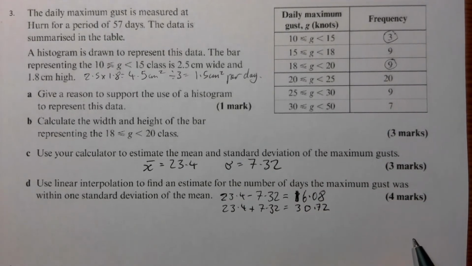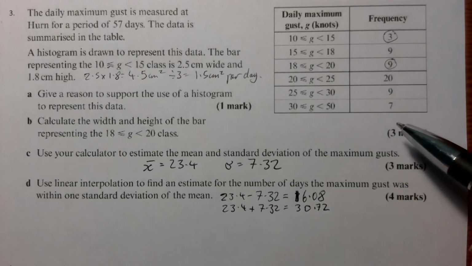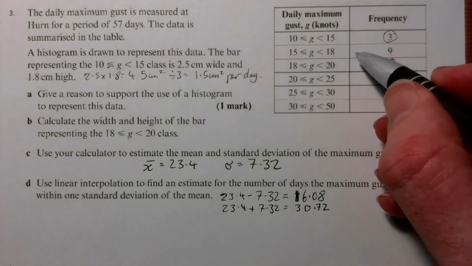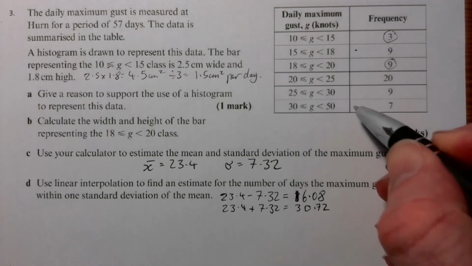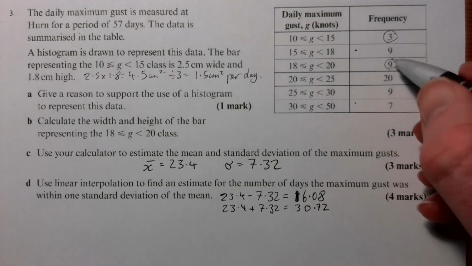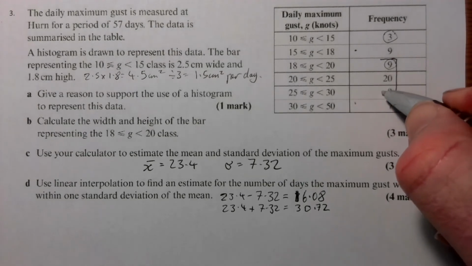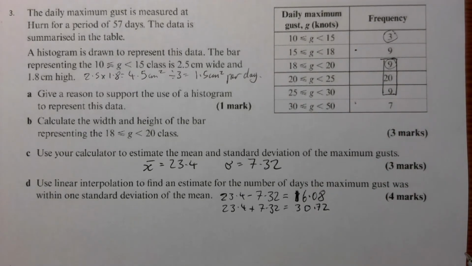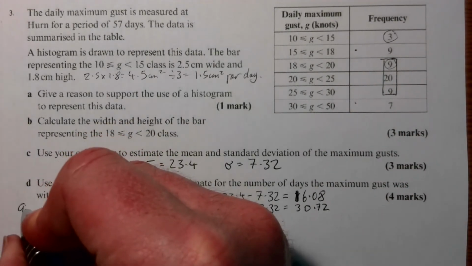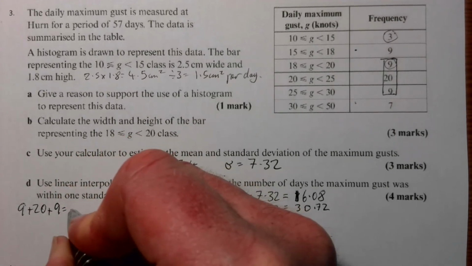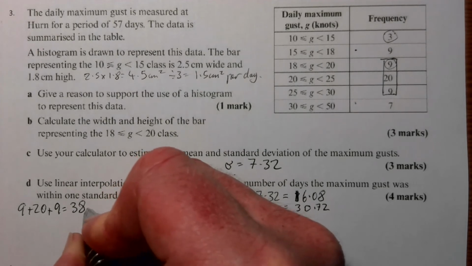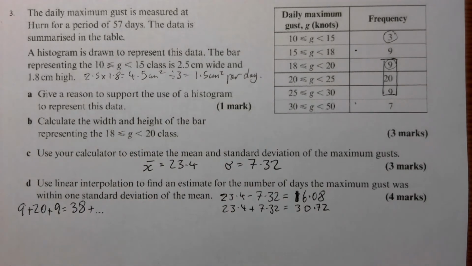So we want to find the number of days between those. Now what that means is 16.08 is somewhere in here. We're going to have to use interpolation in there, and we're going to have to use interpolation in here. We know we've got all of those days. So let's just write down that we've got 9 plus 20 plus 9 equals, what's that, 38 plus, and now we've got to work out what we're going to be adding to that.